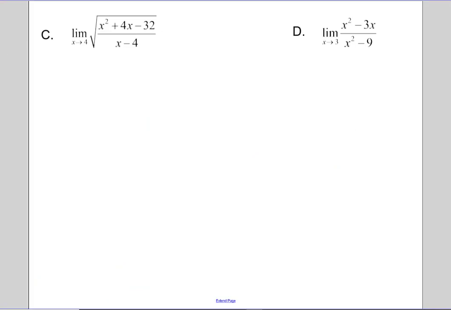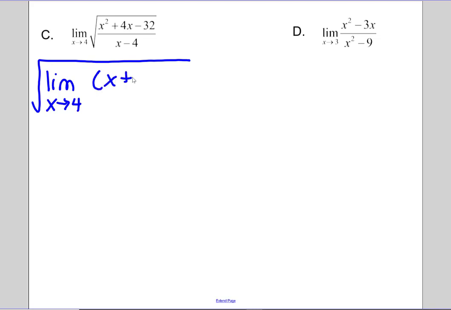In part C, it's going to be the same thing where we've got some removable factor. So looking at the square root after we take these limits, we got what? x plus 8 times x minus 4.